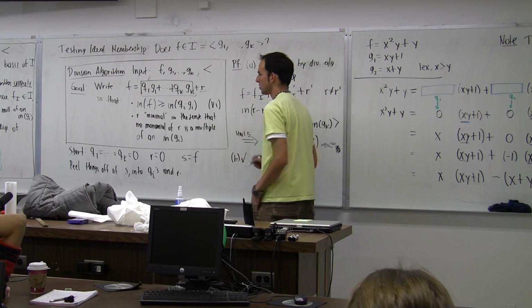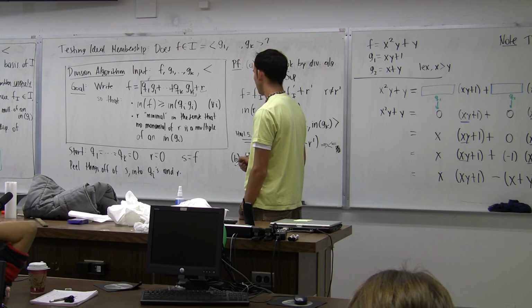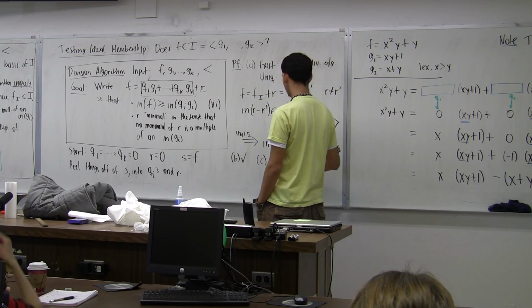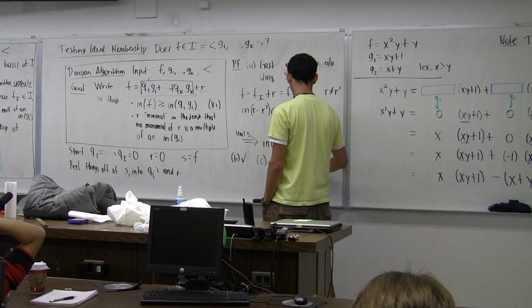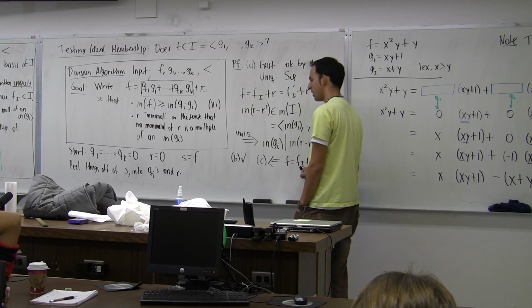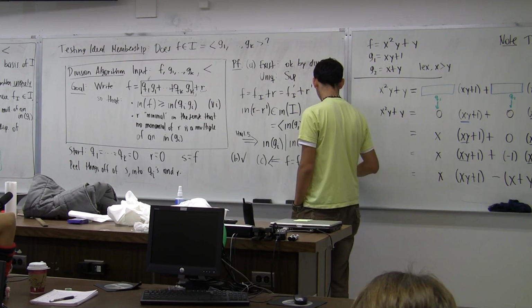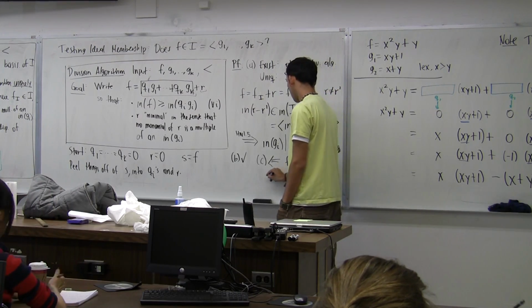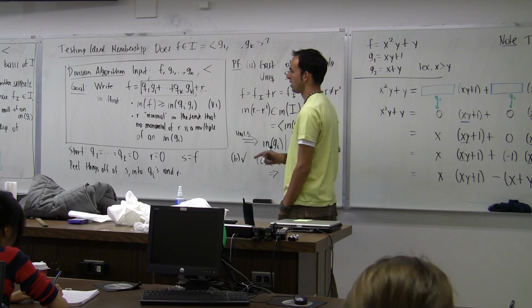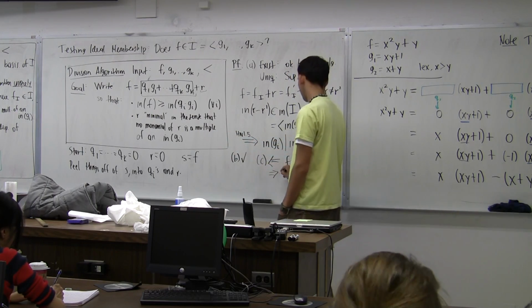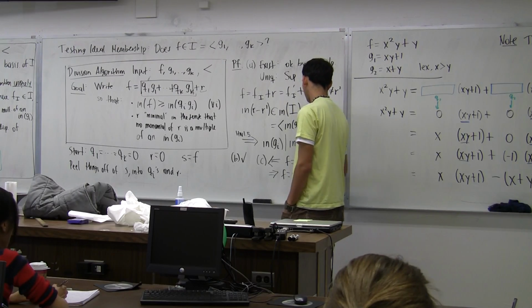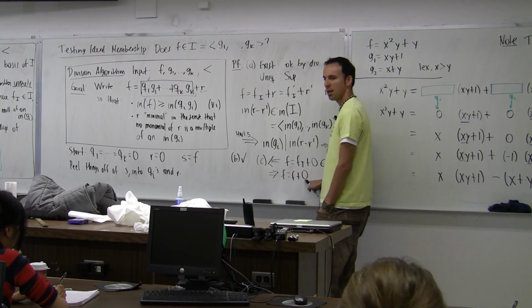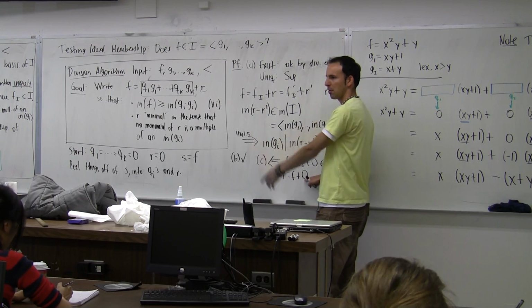Part C is also very easy, especially this direction. If r is equal to 0, then f equals f_I plus 0, and f_I is in I by definition. Okay. But the other direction is also very easy, because if f is in the ideal, then I can write it as f plus 0, where f is in my ideal, and 0 has no monomial, and so on.